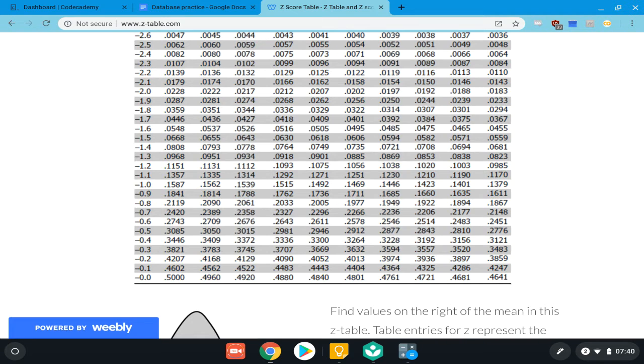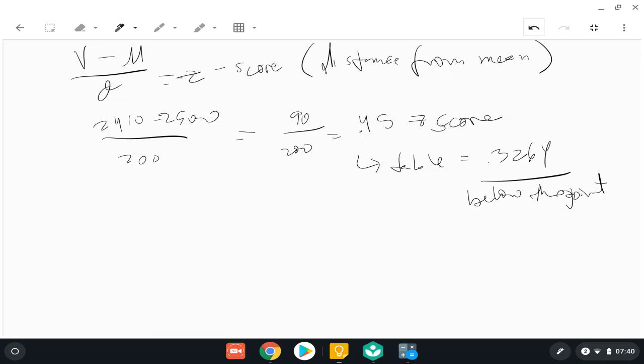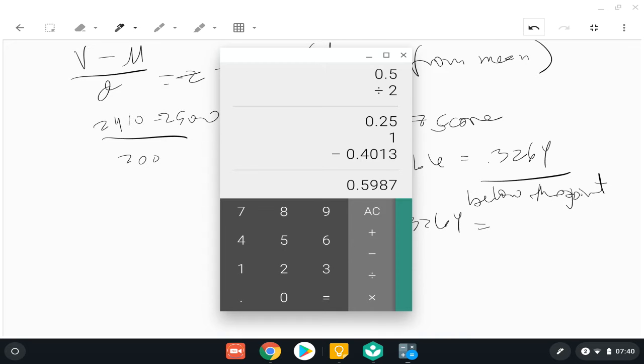And because the question is looking for greater than, and this shows the proportion below the point, if I want above the point I have to take the inverse. 1 minus 0.3264 equals 0.6736.